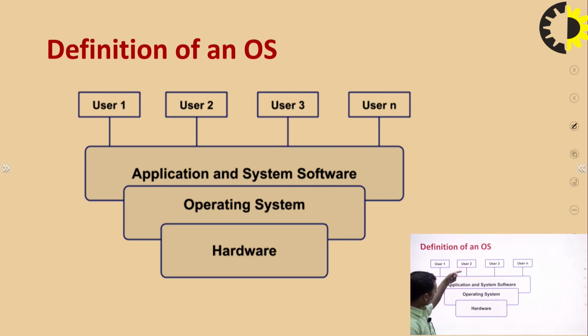We are going to interact with some application or system software, and this system software interacts with the operating system, and then the operating system interacts with the hardware. So we can say the operating system is the interface between this and this. This means application and system software, or we can say the user side and the hardware side. So operating system as an interface.